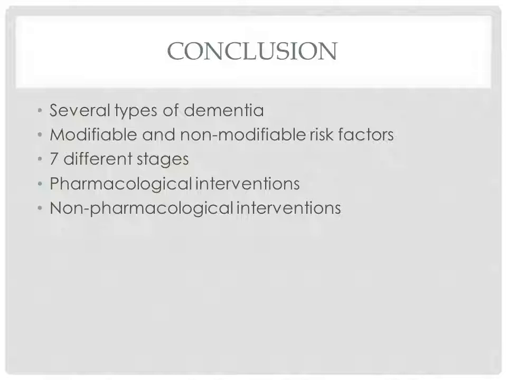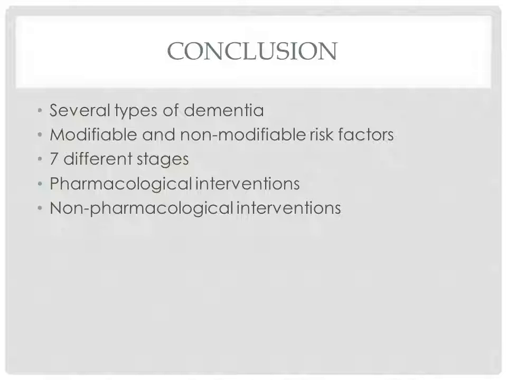They include no cognitive decline, age-associated memory impairment, that's we all lose our keys, mild cognitive impairment, mild dementia, moderate dementia, moderately severe, and lastly, severe dementia.